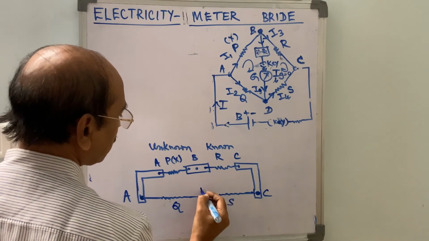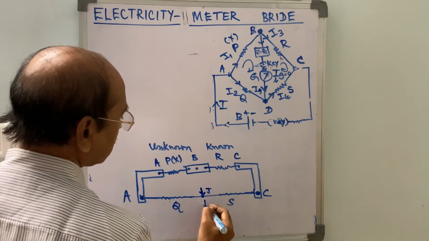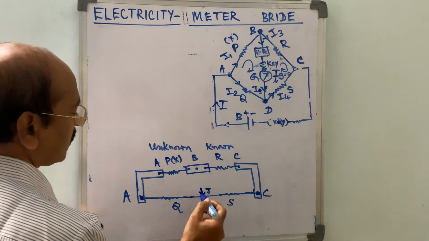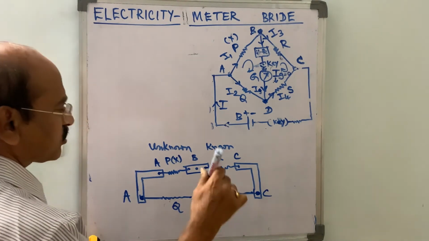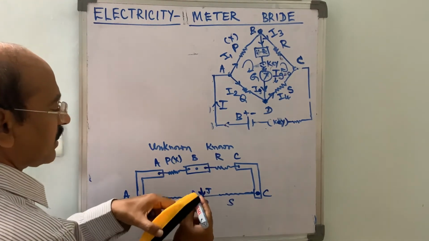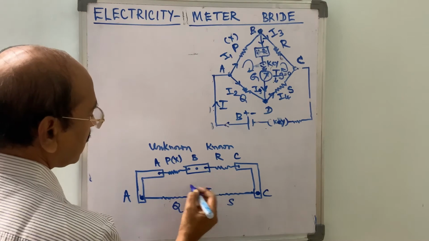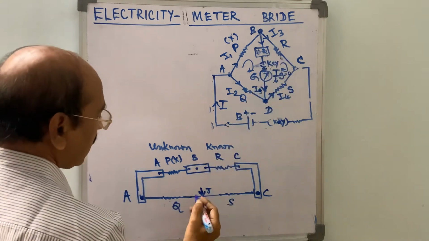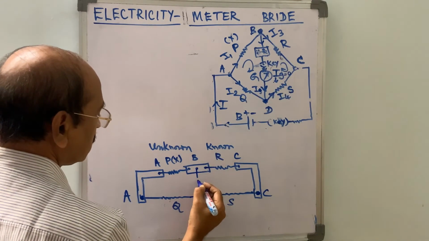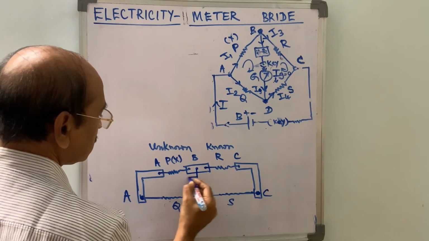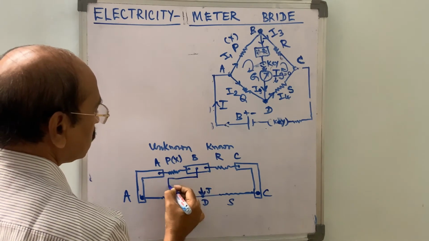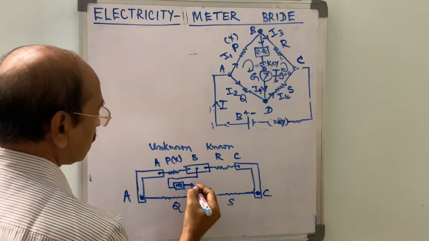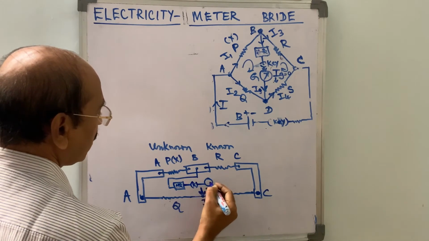Let this be D. Here is the jockey touching point. It is like a pencil in which a wire is connected at one tip, seems like this pen, but a wire is connecting inside. It is connected to this point B through a high resistance, a key and a galvanometer. The high resistance is to protect the galvanometer.